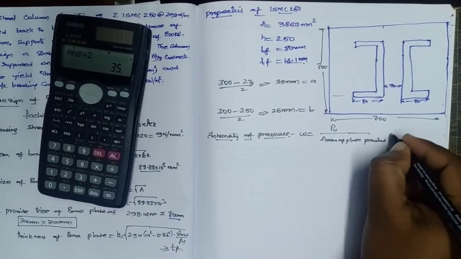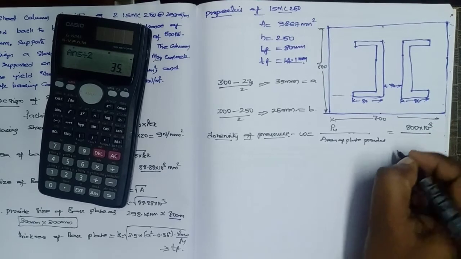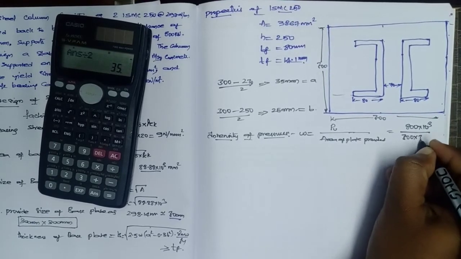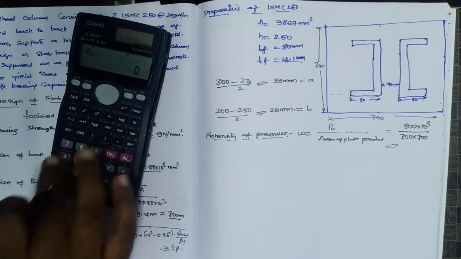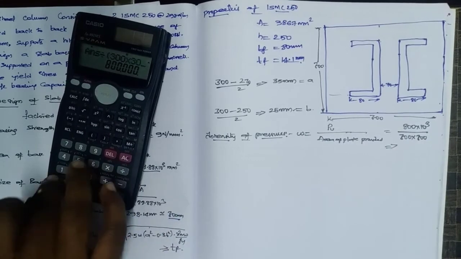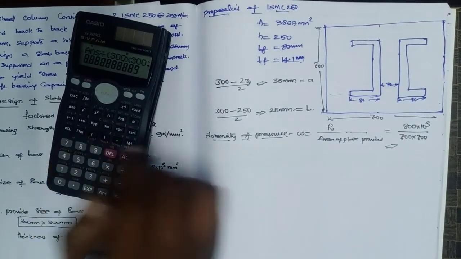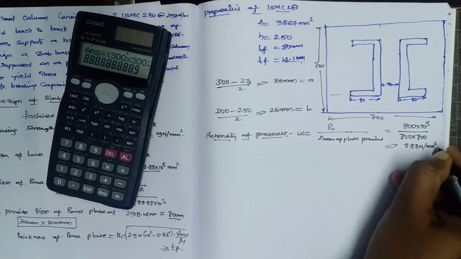So 800 into 10 power 3 divided by 300 by 300, so 8.88 Newton per mm square.